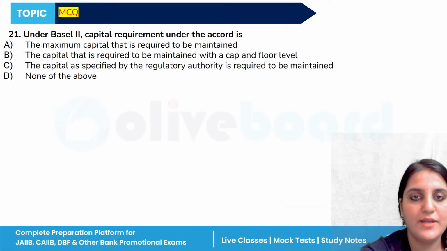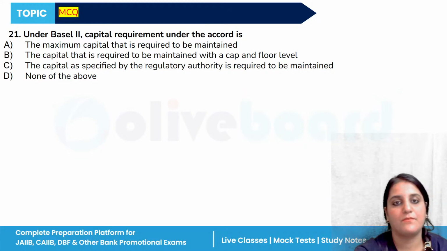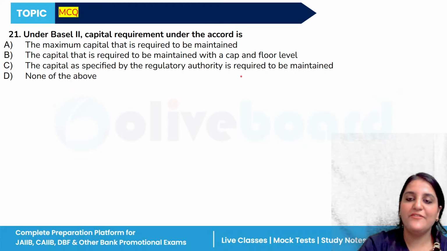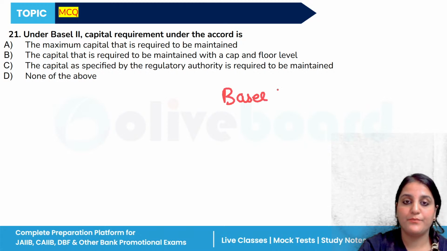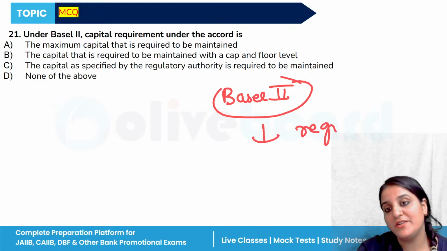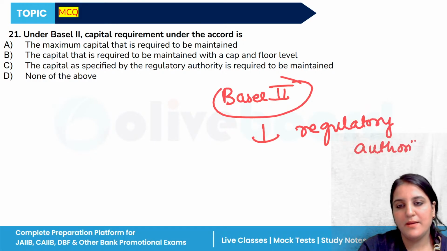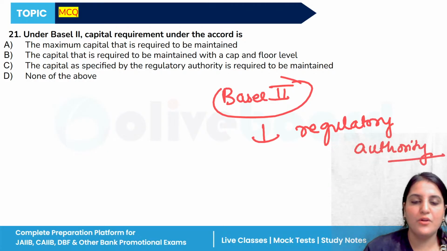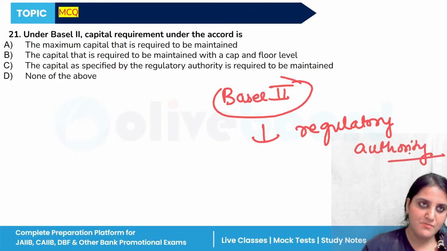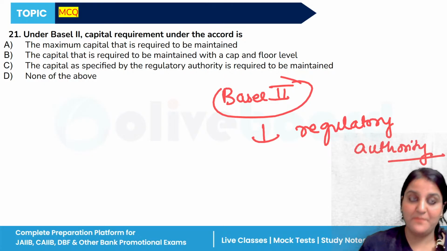Under Basel II, what is the capital requirement under the accord? If we talk about Basel II, the capital requirement is determined by the regulatory authority, based on the bank's risk profile. This means the amount of capital a bank needs to hold is not fixed but varies depending on its specific risk.